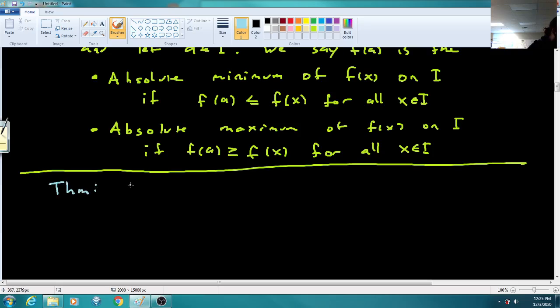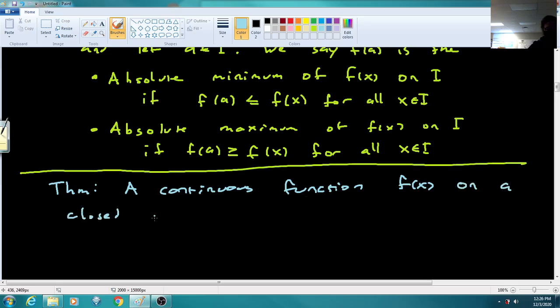This theorem says a continuous function, we'll call it f of x, on a closed interval, we'll call it I, and say that the closed interval I starts at a and goes up to b, takes on both a minimum and a maximum value in I.